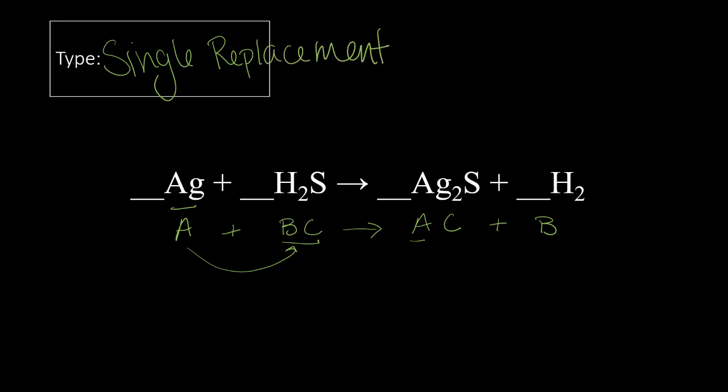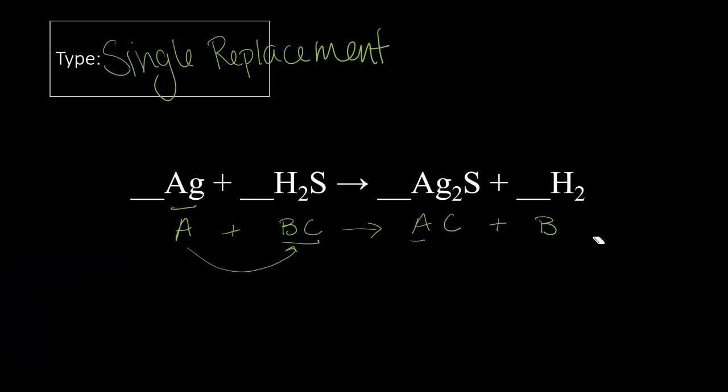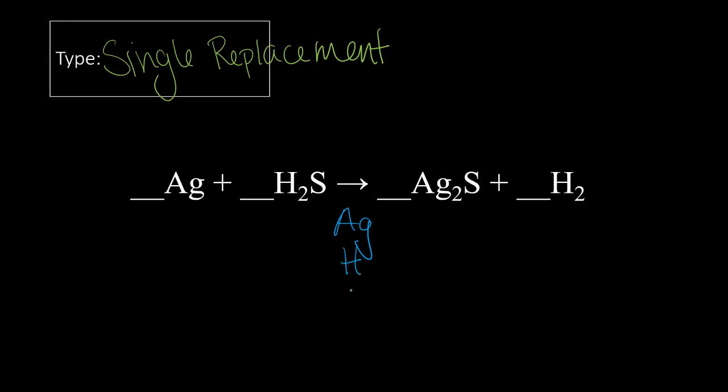So there's my identification. Now I can go through and balance. So I'm going to erase all this. I'm going to make my list. So silver, hydrogen, sulfur, and I'm going to count them up. 1, 2, and 1. 2, 2, and 1.